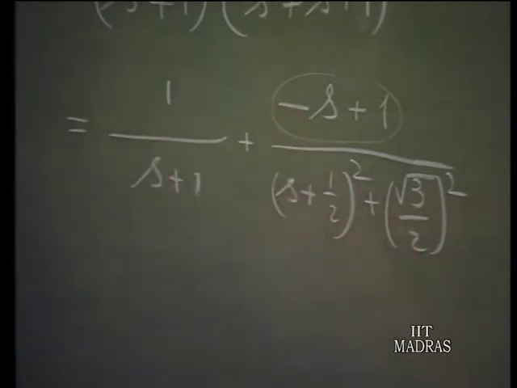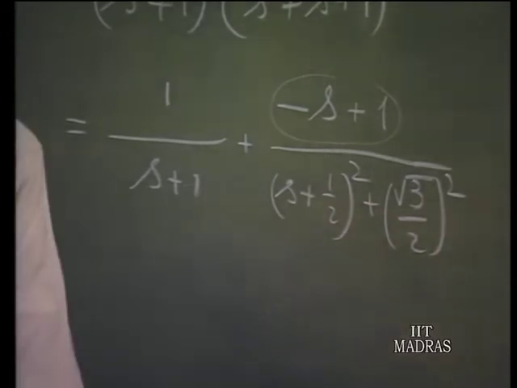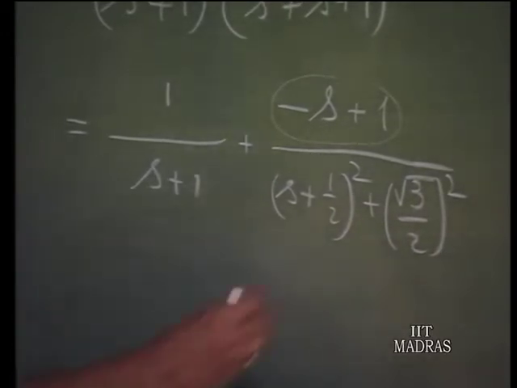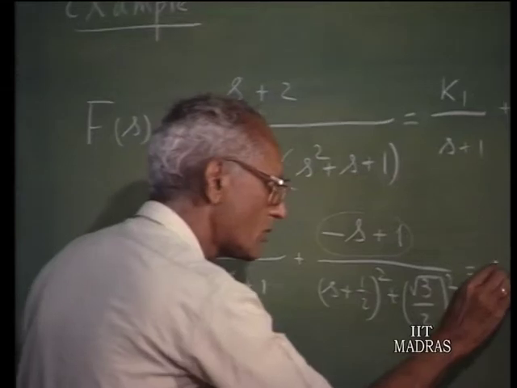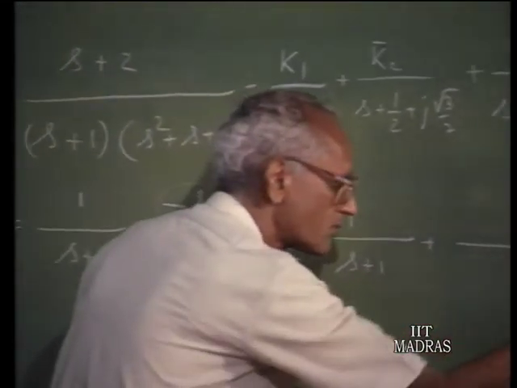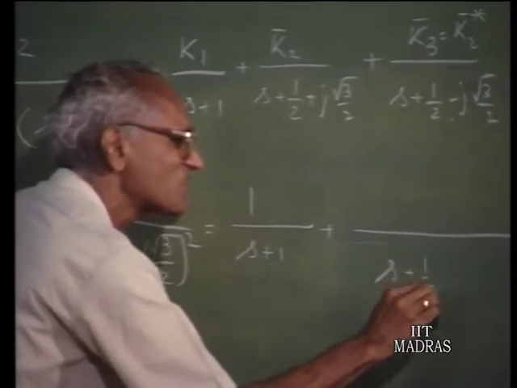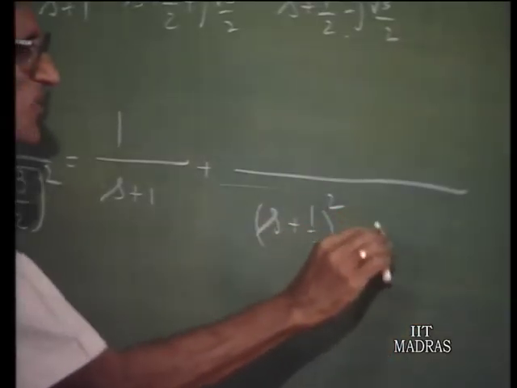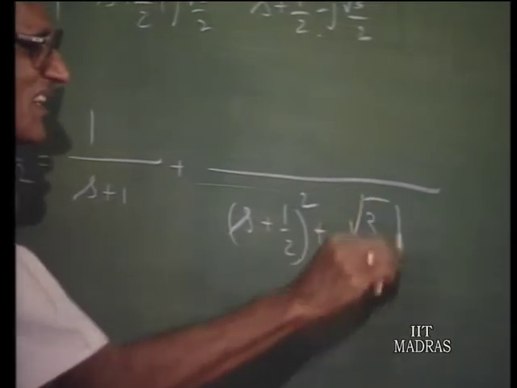If we do that, we can identify this with the Laplace transform of terms like e to the power minus alpha t cos omega t and e to the power minus alpha t sin omega t. So, let me write 1 over s plus 1, and the second term over s plus half whole squared plus root 3 upon 2 whole squared.